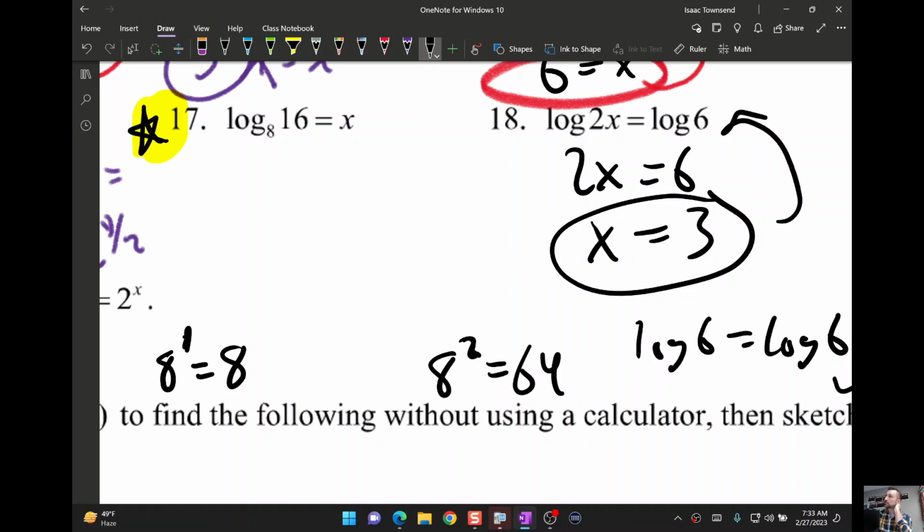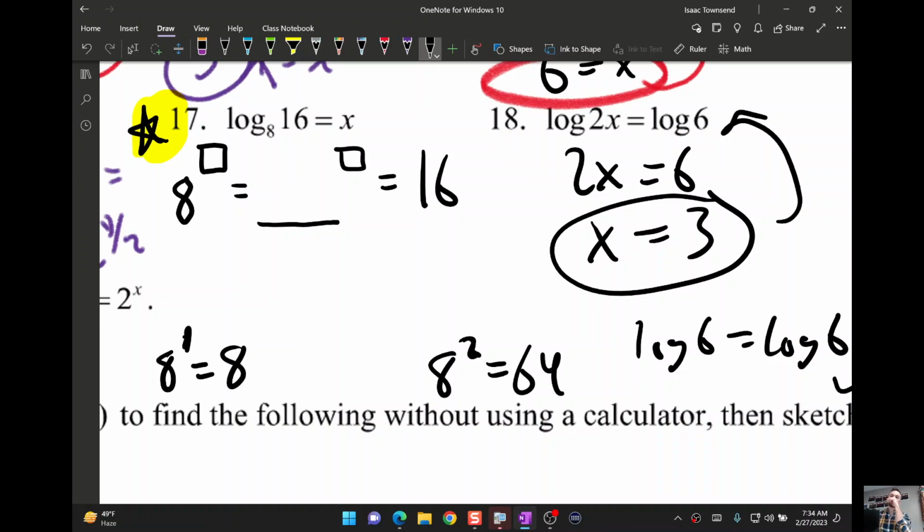But that's what makes it hard. This answer is not a nice whole number, so we actually have to slow down and think of this a little bit more carefully. So you are welcome to do this in any way that you would like to, but what I find that works the best for people is to do this in 2 steps. I'm going to raise 8 to 1 power to change it, and then I'm going to raise it to another power to get it to the 16 that I want it to be.